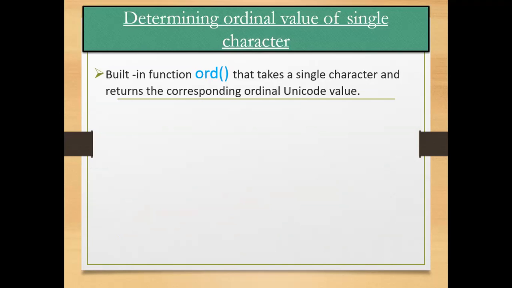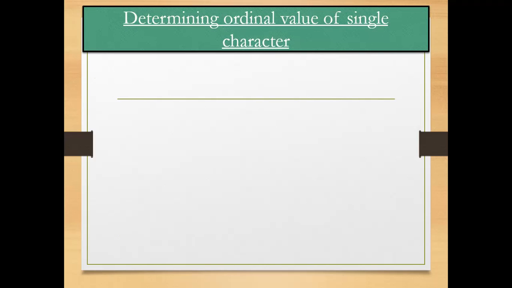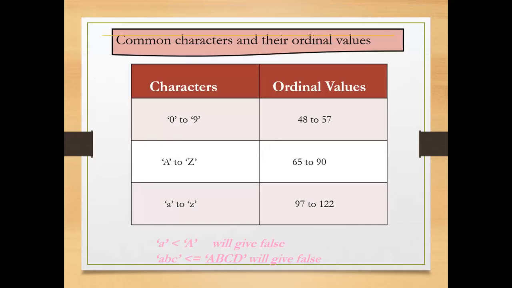And what does it return? It returns the ordinal Unicode value. Okay, so according to me, this table has to be memorized by all of you, because if at all computer science is your stream of interest, your subject of interest where you plan a little future in it, then this table has to be memorized, and it is a very easy table to remember.